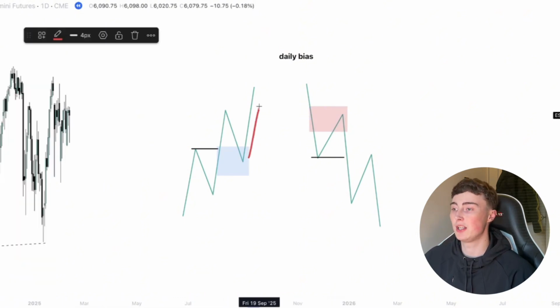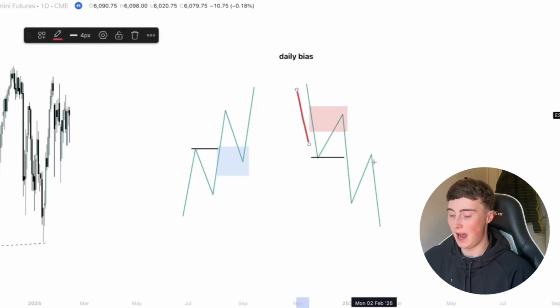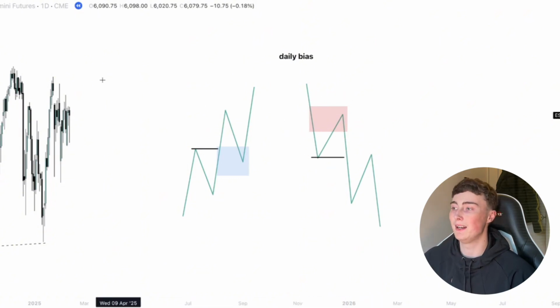So I can either catch this leg or I can catch the leg down, or I can catch this leg down and I can catch the retracement leg up. As long as I have a clear internal or external range liquidity target, I can go ahead and take the trade.